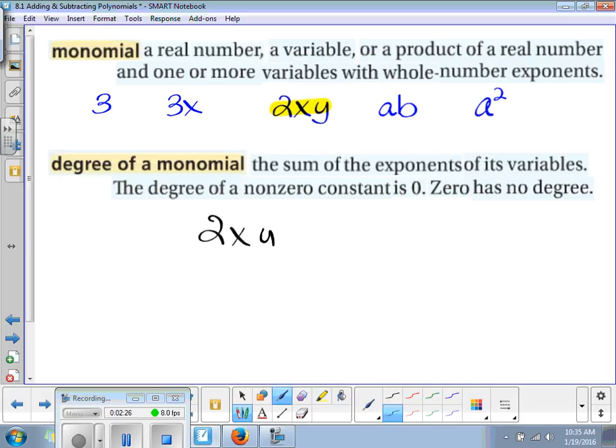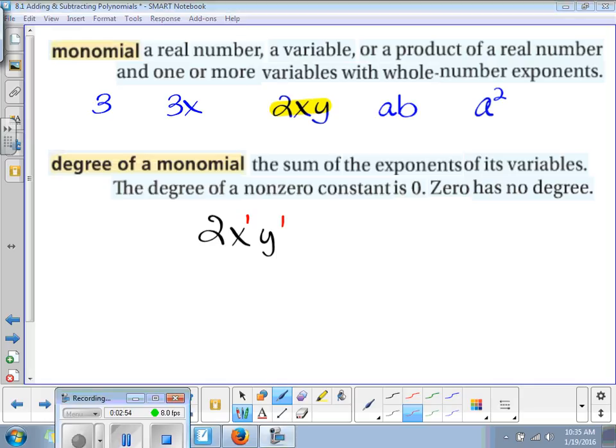And what are the exponents for each of those? 1. That's x to the first, that's y to the first. So the degree of 2xy is the sum of the exponents of its variables. So we just add 1 plus 1. So 2xy is a monomial of degree 2. Is everybody clear?